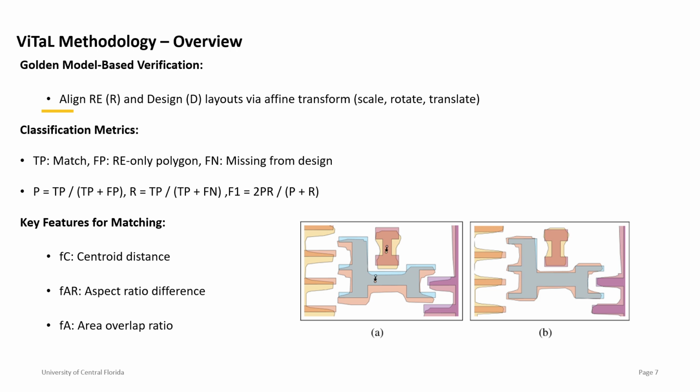The first one is the centroid distance between polygons, then aspect ratio difference, and the last one is area overlap ratio. The classification metrics are true positives, false positives, and false negatives. From this, the framework calculates precision, recall, and F1 score to assess layout similarity.